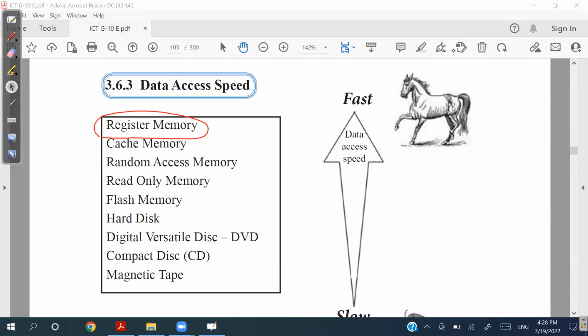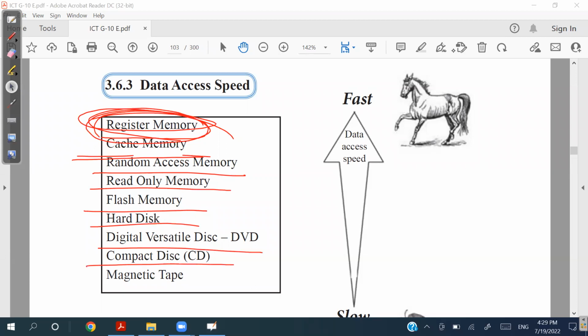Higher access speed means the time taken for access will be less, because the fastest one spends less time to do a work. So register memory has the highest speed, then the cache memory, which is lower than the register memory. Random access memory is slower than the cache. Likewise, read-only memory, flash memory, hard disk, DVD, CDs, and magnetic tape decrease in speed of access down the hierarchy.